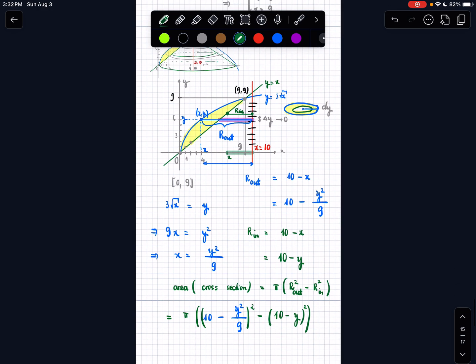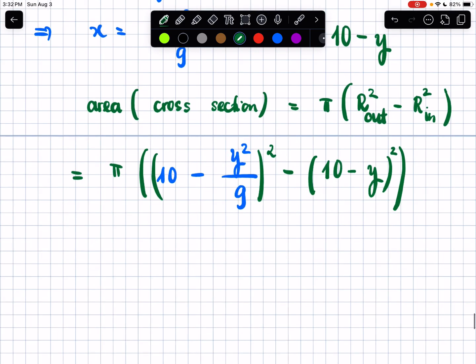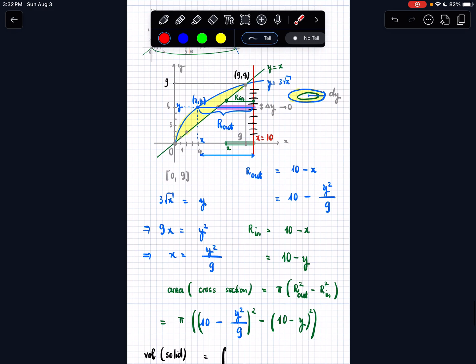And now we are ready to set up the integral. The integral is the volume of the solid. We need to compute the integral from 0 to 9.